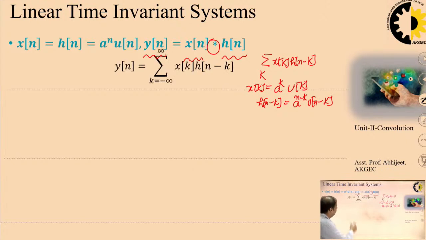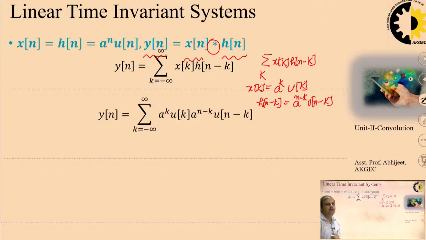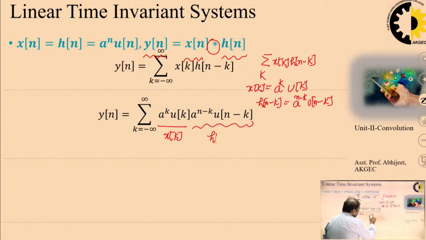First of all, we will apply the convolution sum to evaluate the output. We will now replace our signals. So the first signal is x of k, the second signal is h of n minus k, isn't it? Now we have to solve the summation.